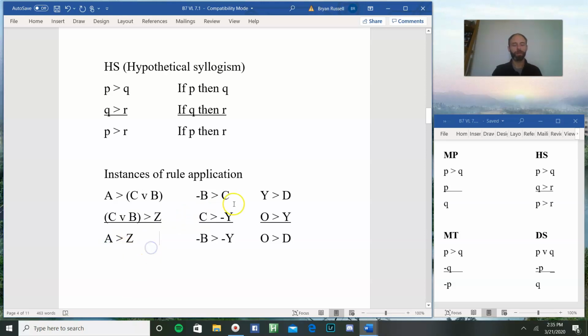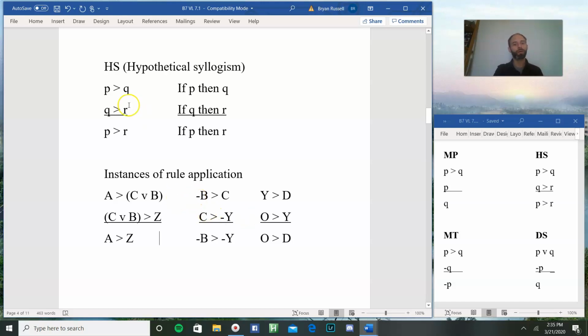So far, so good. Now, let's see what can happen, because again, P, Q, and R in this case can have tildes, they can be long propositions. Let's see what happens with tildes here.